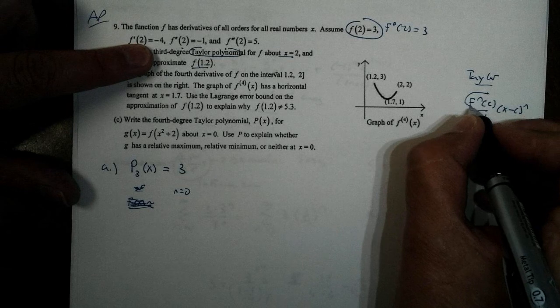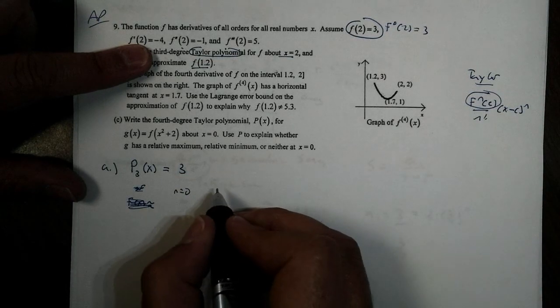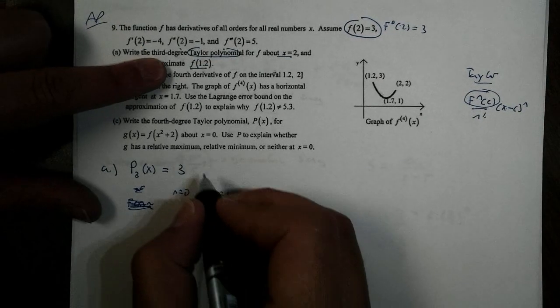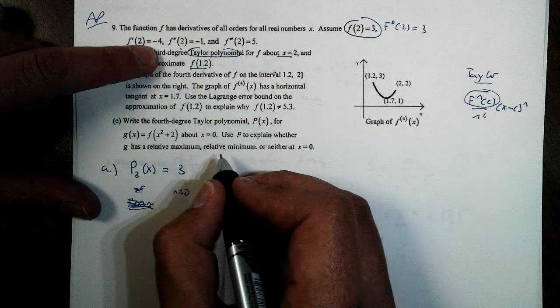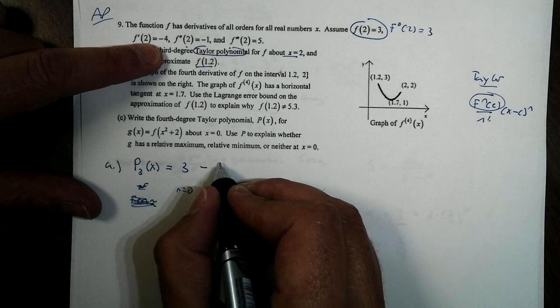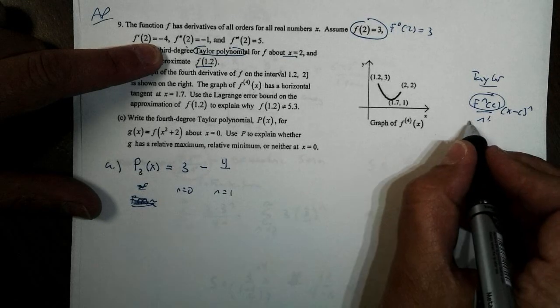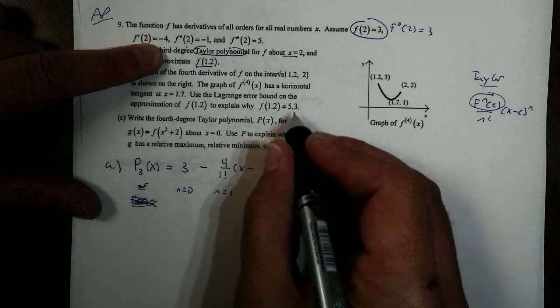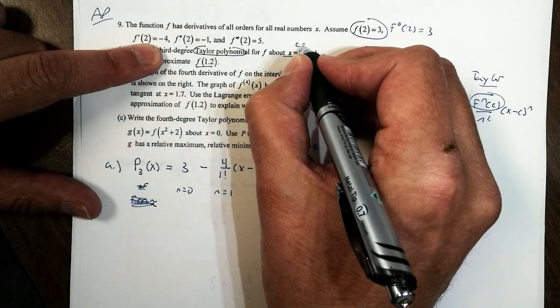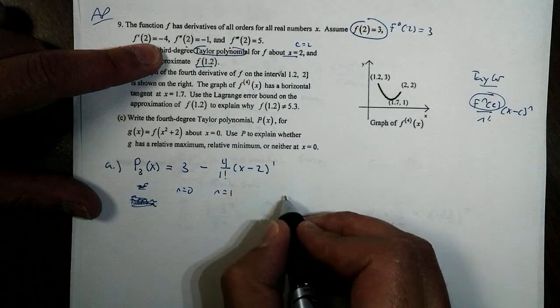Now what they're giving us is the value of the nth derivatives. So when I let n equal 1, my first derivative here is negative 4. So this is going to become minus 4 over 1 factorial, x minus 2, because there's my center, 2, to the first.